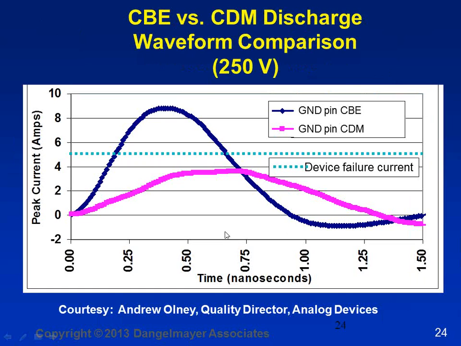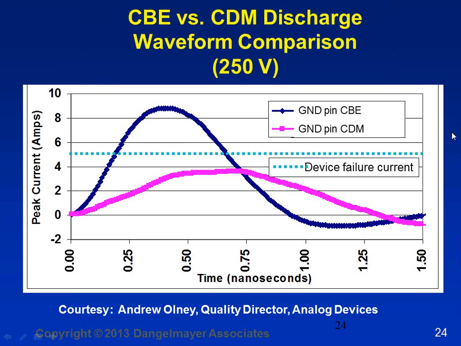Okay. Here is the waveform from the stress test that I showed you earlier, the Analog Devices case study. The device failure current level is right here at about 5 amps. When the device was stressed by itself at 250 volts, the peak current was below that failure point. Whereas at 250 volts on the circuit board, peak currents exceeded the device failure point and approached 9 amps.